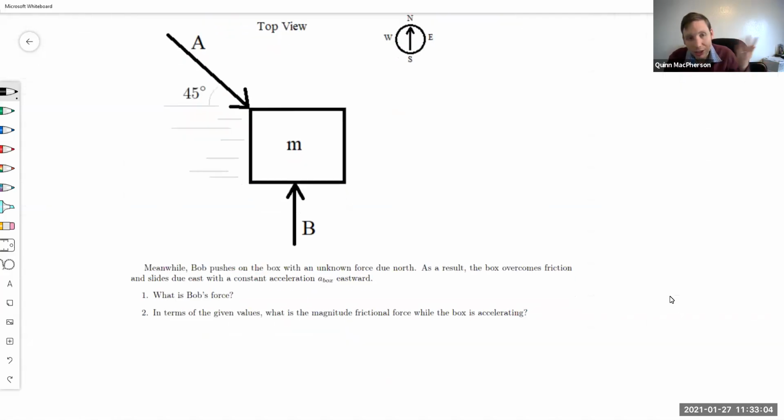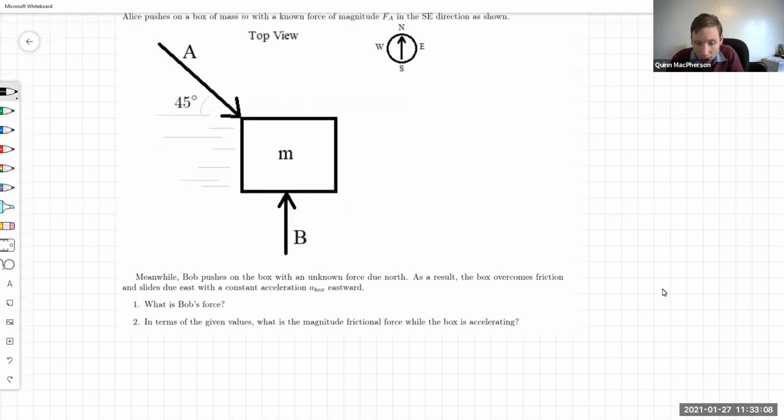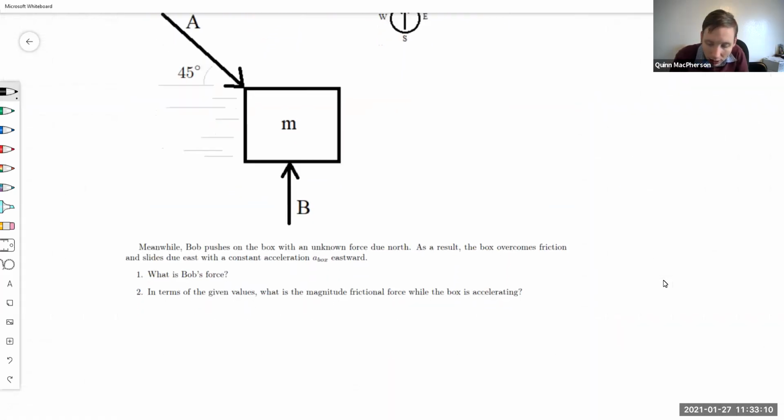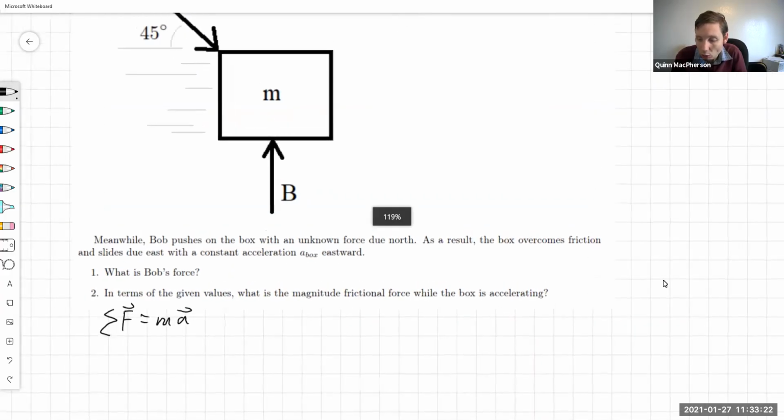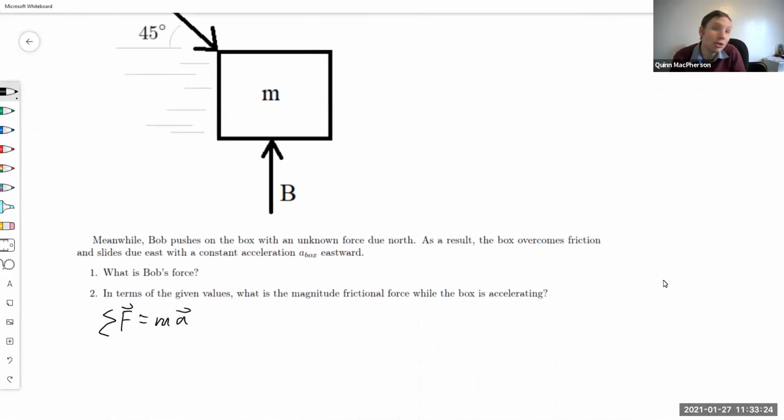Since we already know the direction, it's due north. To solve this, I'm going to write the sum of the forces equals ma, Newton's laws. And I can do this problem in a coordinate system of north, south, east, west. Usually we do problems in x, y coordinates, but north, south, east, west works.